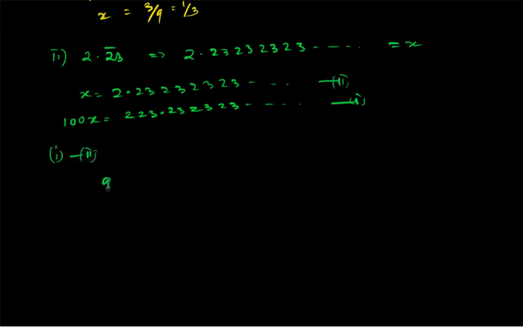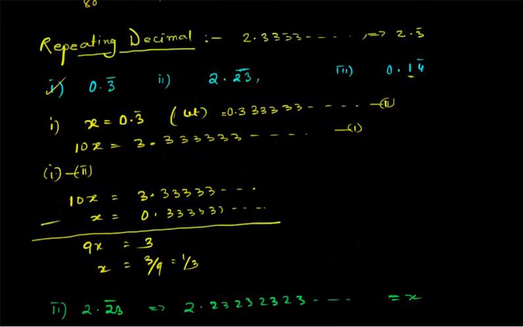That will give you 99x equals 223 minus 2, that is 221. And we can just write x equals 221 divided by 99. That will be the fraction representation of this particular recurring decimal.